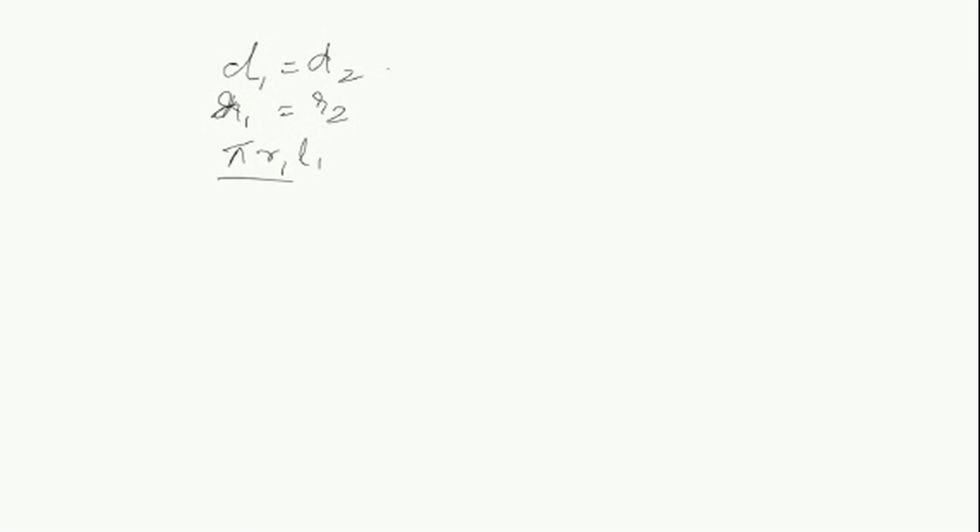Here they have given D1 equal to D2. Diameters are equal, so R1 equal to R2. Sahana has written 5:4. Correct, Sahana. Then pi R1 L1 by pi R2 L2, CSA by CSA, you have to do.